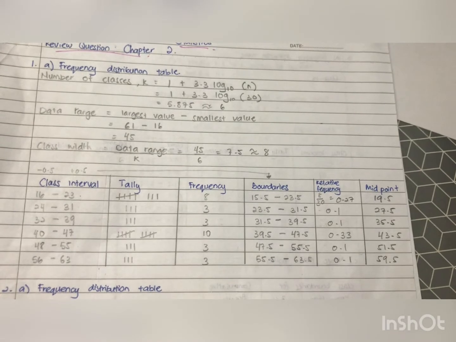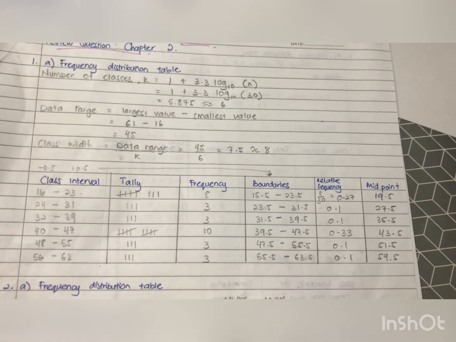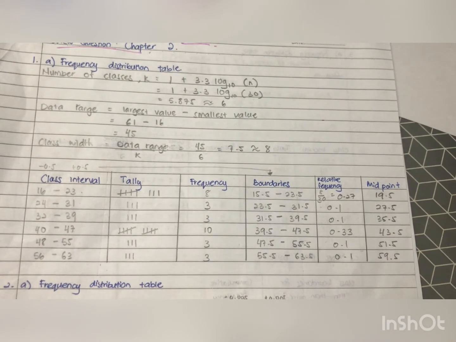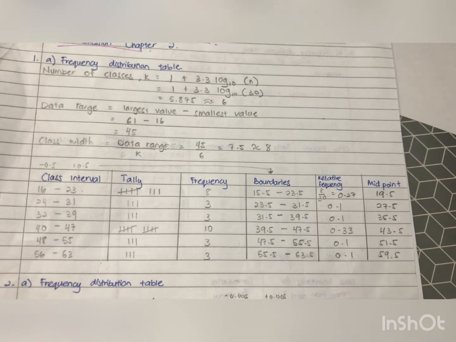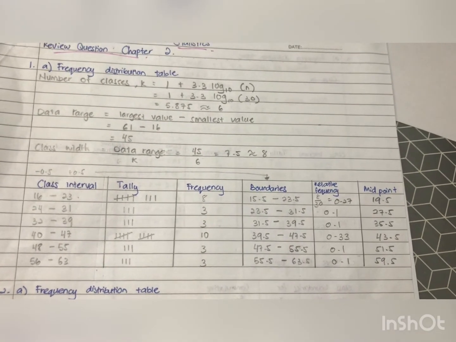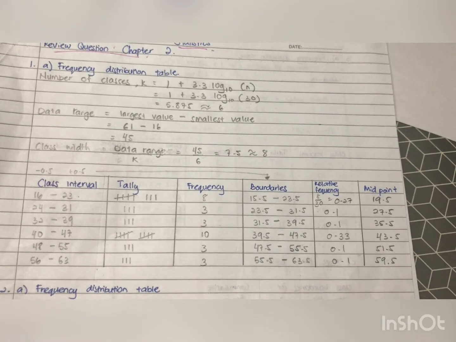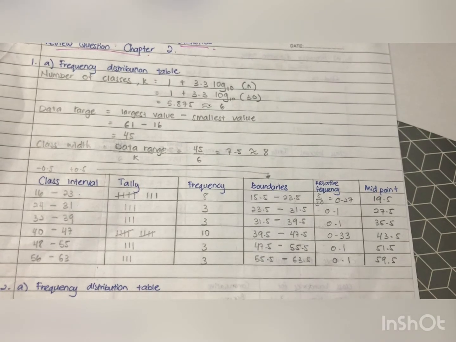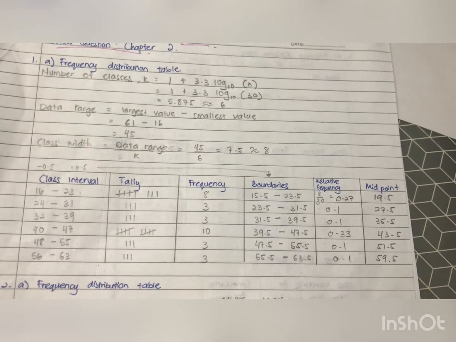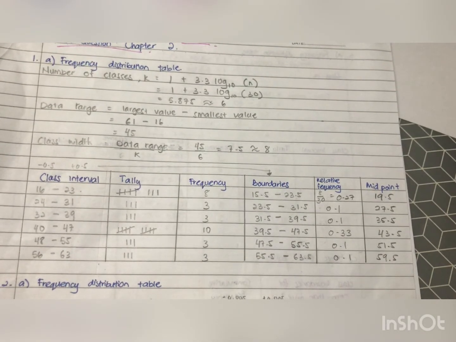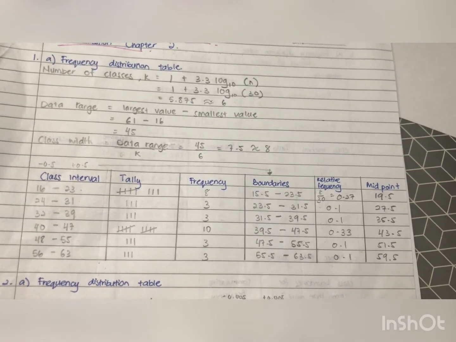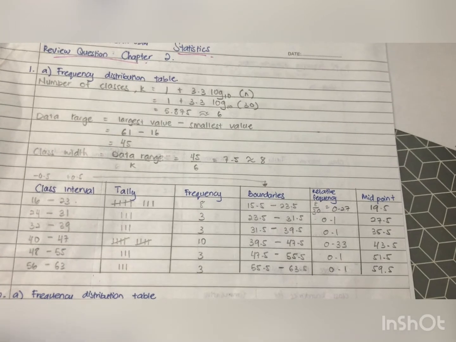And how to find the relative frequency? Relative frequency equals the frequency for each class divided by the total frequency. So let's take a look at the first class. The first class has a frequency of 8. So the relative frequency will become 8 divided by 30, which is the total frequency for this question.